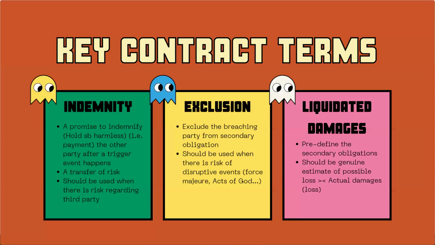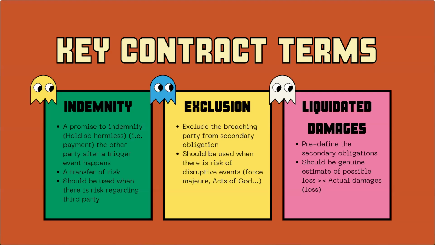Here we have a few terms like indemnity, exclusion, and liquidated damages. Indemnity is a promise from one party to another, and normally a promise to compensate or to hold the other party harmless from some trigger event or the consequences of some trigger event.